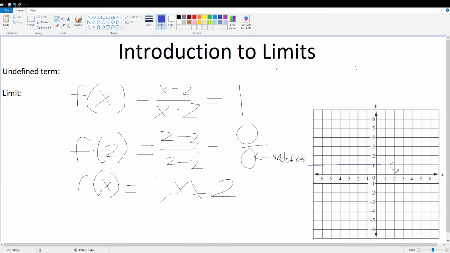So you put a little hole here, and essentially you can tell that no matter what value except for 2, it is going to equal 1. And then there's this little hole here at 2 to signify that it is undefined specifically at 2.